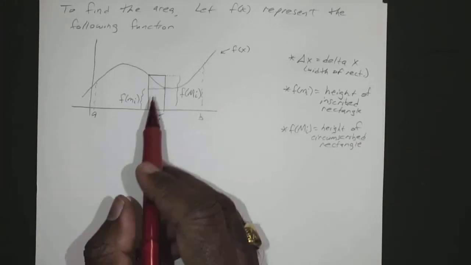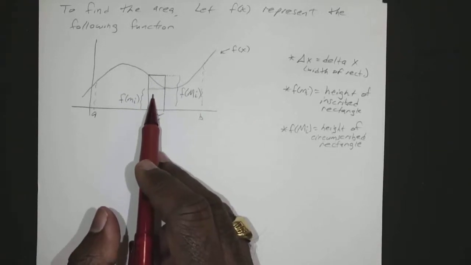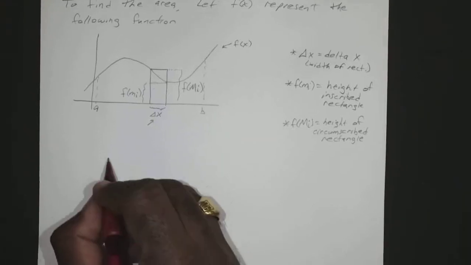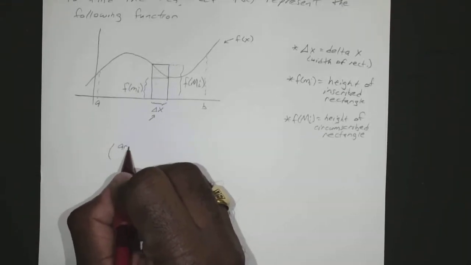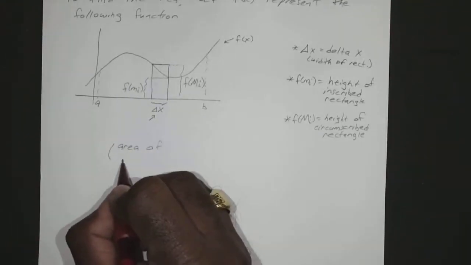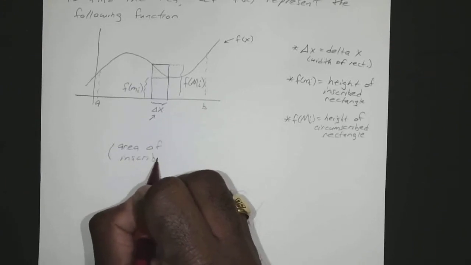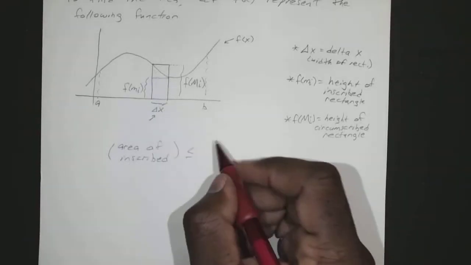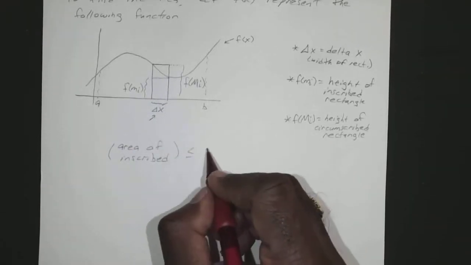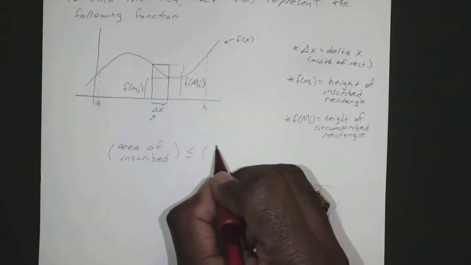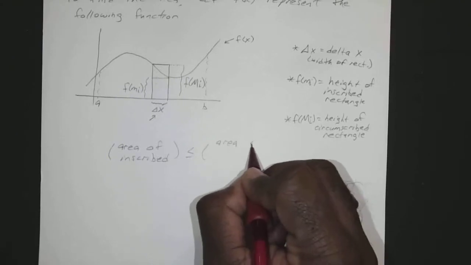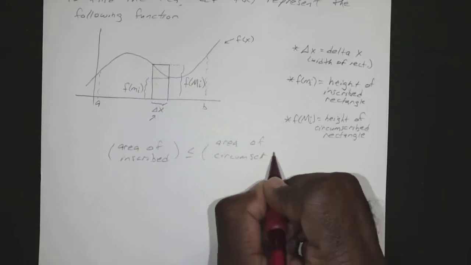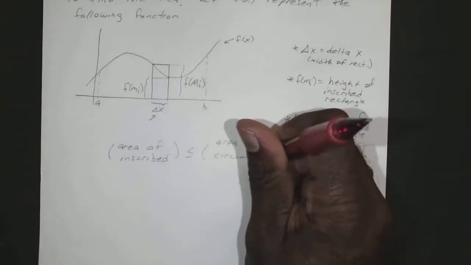Okay, so we know if we had the area of the inscribed, it will be less than the area of the circumscribed. Or less than or equal to, depending on if it's a constant on that point or not. So area of circumscribed.